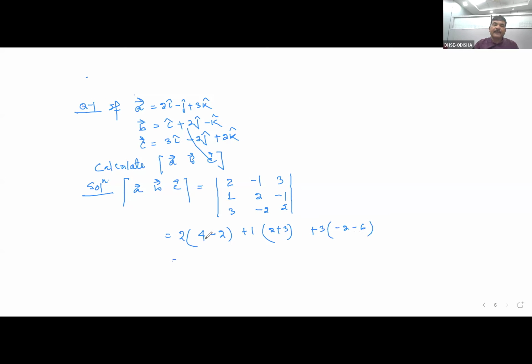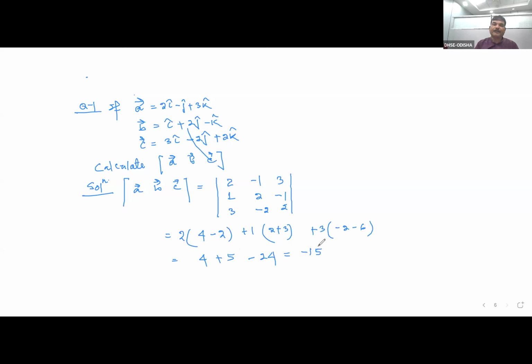Okay, this is equal to 4 minus 2 is 2, 2 times 2 is 4, plus 5, that is 9, 6 plus 2 is 8, minus 8 into 3 is minus 24. This is equal to minus 15.